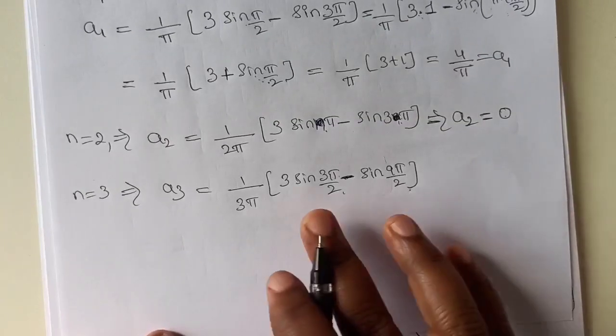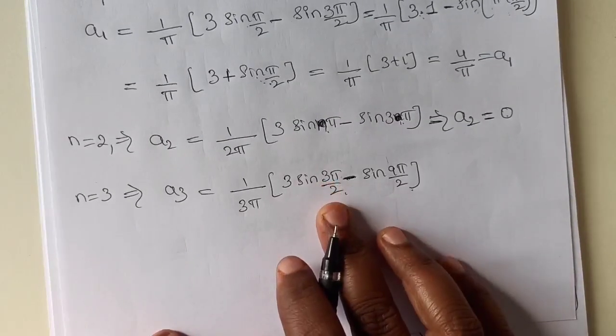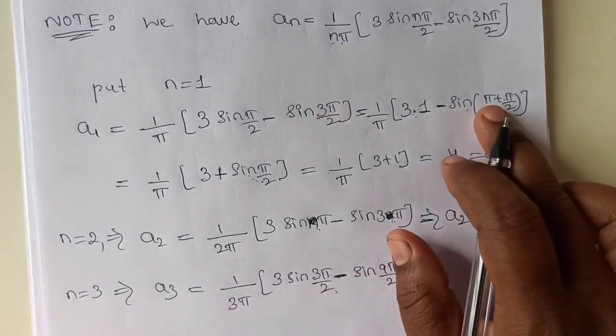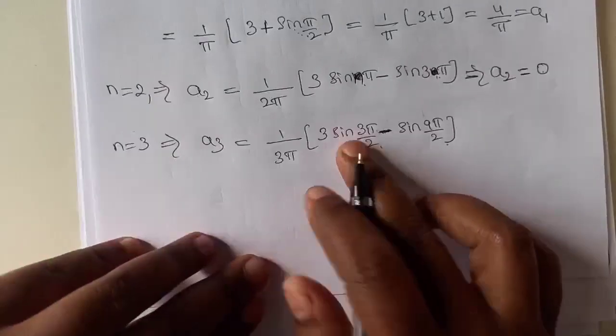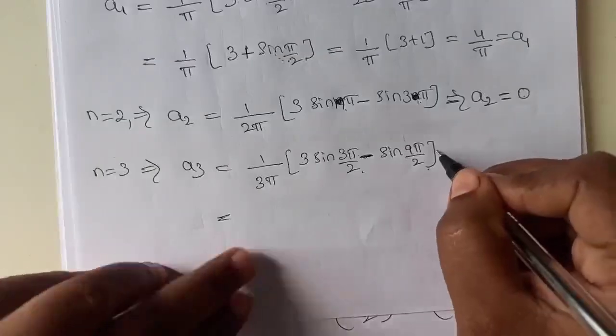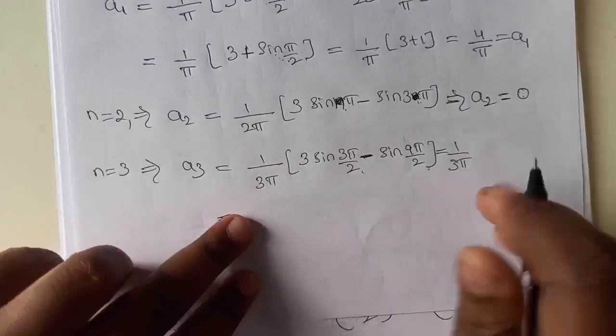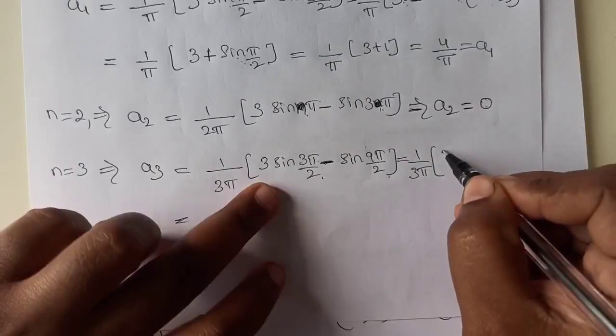So 3 pi by 2 can be simplified as pi plus pi by 2, we get minus of sine pi by 2. It lies in the third quadrant. Keep this 3 as it is.